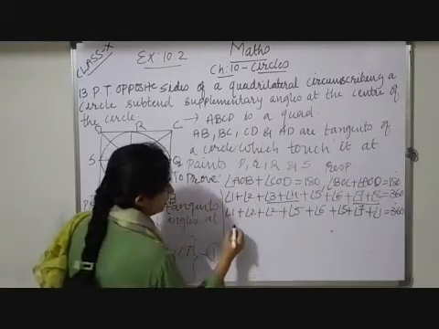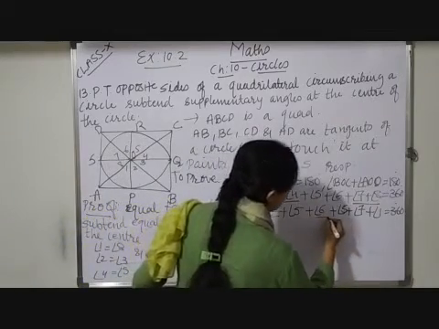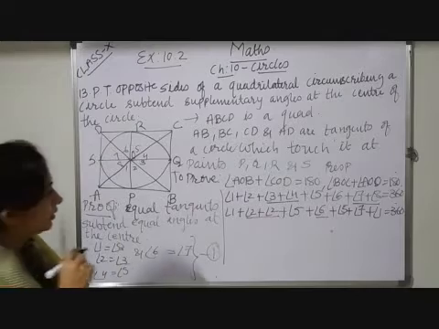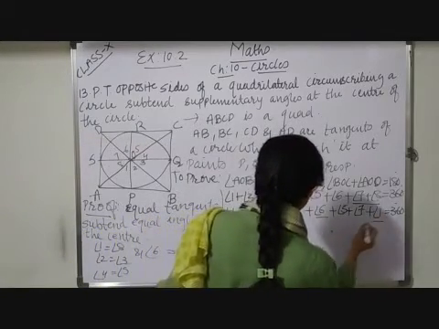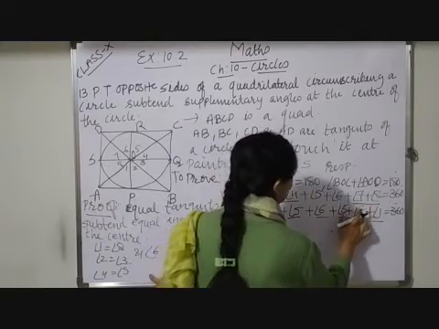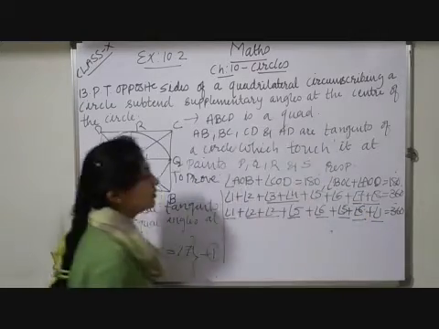Now you may observe these are repeating: 5 is repeating, and in place of 7 I wrote angle 6, so this 6 is also repeating.